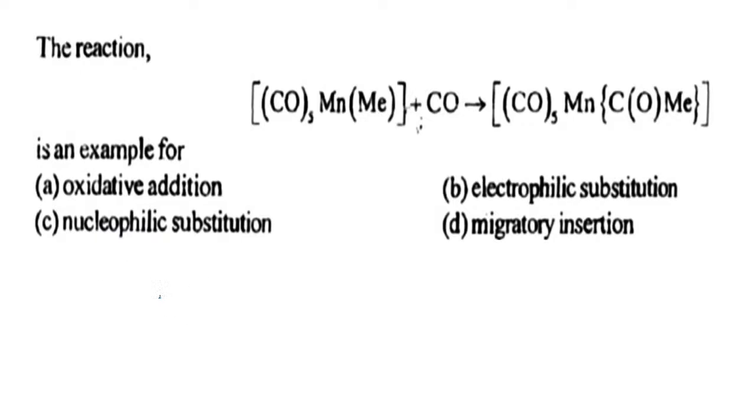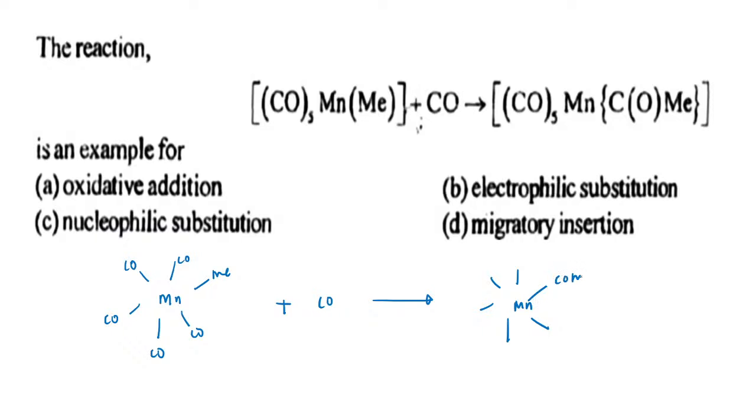So this is the complex Mn and it has five CO ligands, right? CO, CO, CO, CO, and your Me ligand. And basically, you are adding one CO ligand, and the product has five CO ligands and COMe, right?